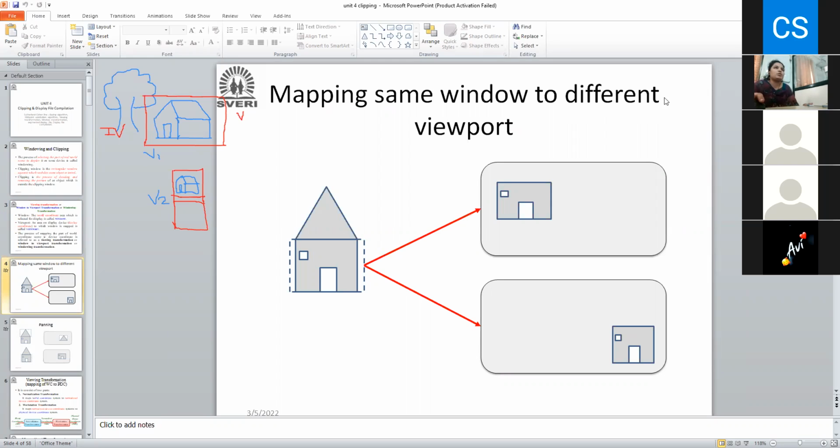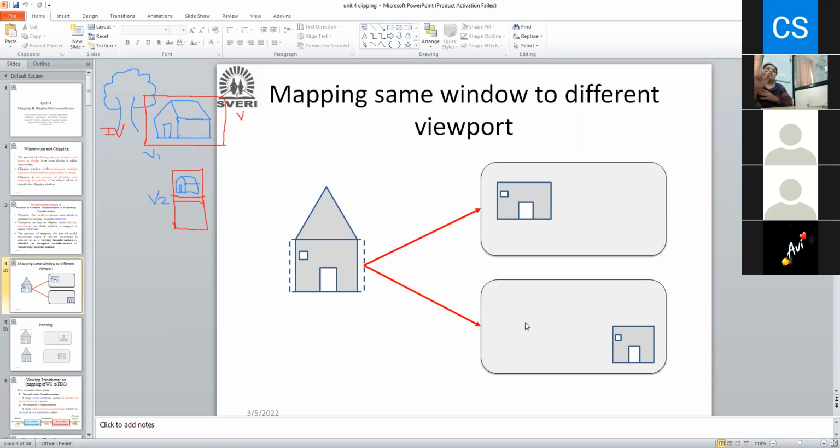So, mapping the same window to different viewports. Window means now in the real-world hut, I am going to concentrate only on this part. The roof I am not going to consider. So this is your window, and the window is projected on the viewport. Two different viewports are there, viewport number 1 and viewport number 2.